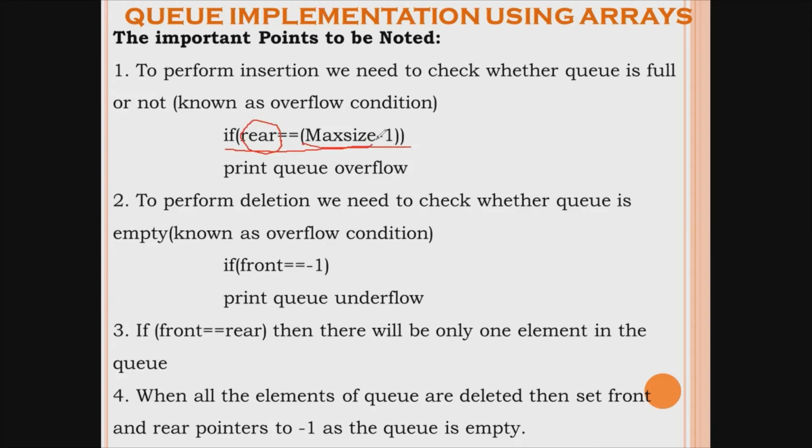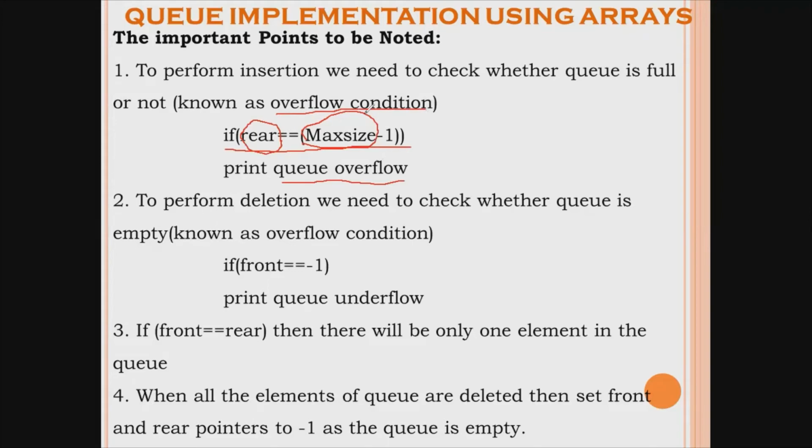The maximum size is representing the size of the queue. As we are implementing it by using arrays, we are specifying the maximum size of the queue. When the rear reaches maximum size of the queue, then we can say that queue is overflow. So this condition is called as overflow condition.